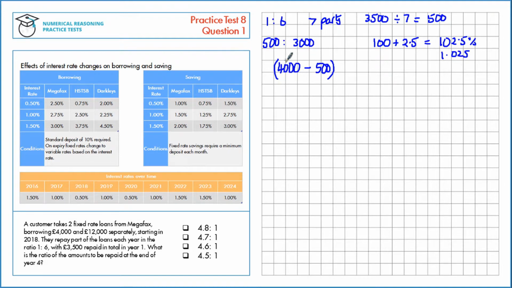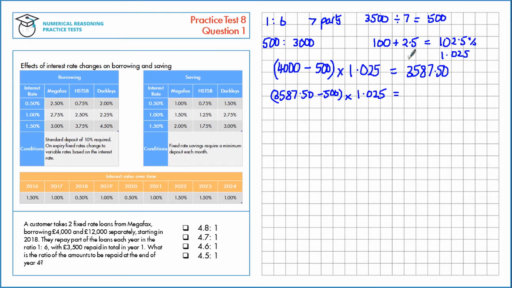So after the first year, we've paid £500 back, then we've got to increase this by 2.5% to account for the interest. That's £3,587.50. The next year, we take that £3,587.50, pay off another £500, and then increase again by 2.5%.